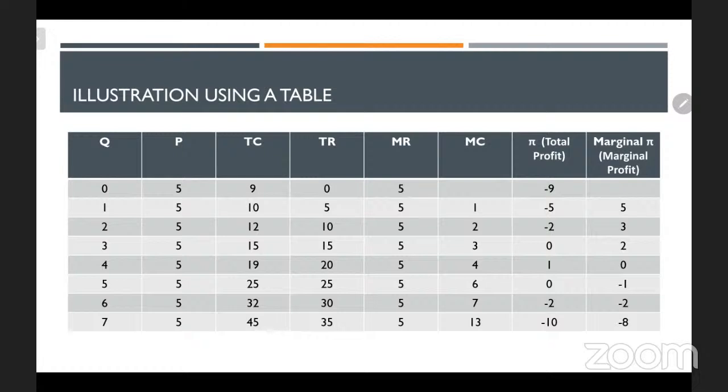This is a perfectly competitive firm. How do you know? Price. Marginal revenue: the price and marginal revenue are the same. That's right. Even if there were no marginal revenue column, this will give you a clue.